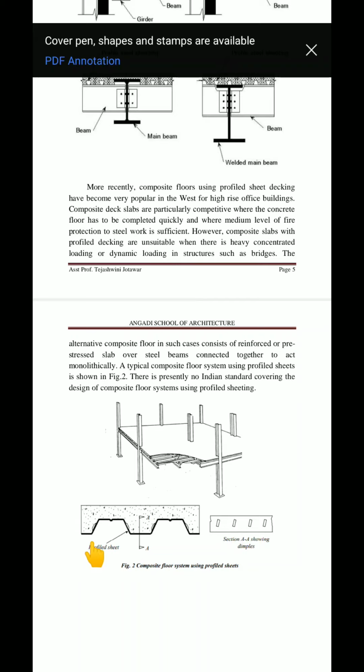So this is a profiled sheet decking, and wherever corrugations are there, in that corrugation concrete material is filled, and there will be a grip provided for these sheets so that the concrete does not slip away, and these grips are called dimples.